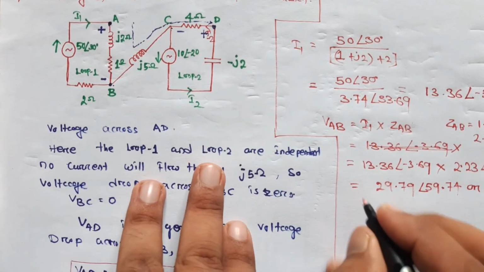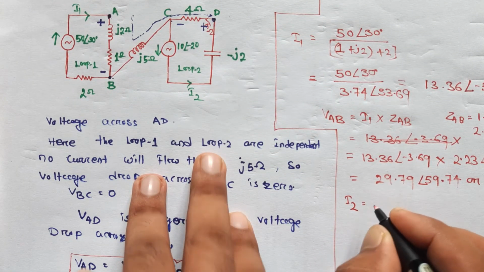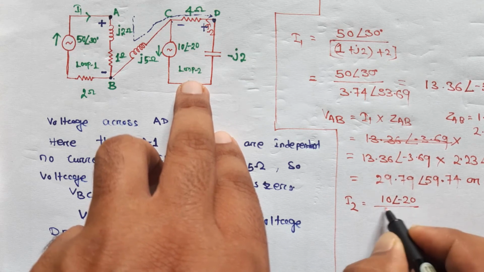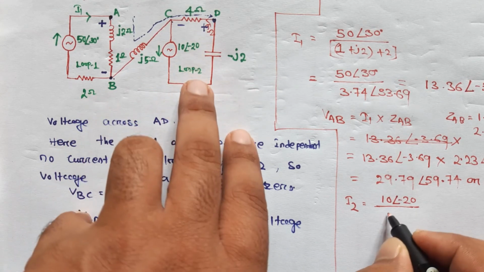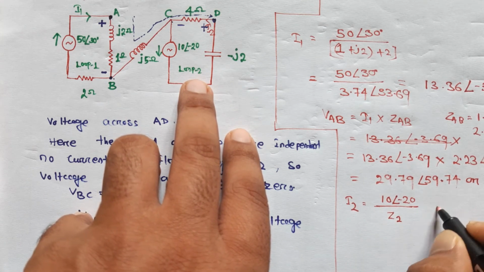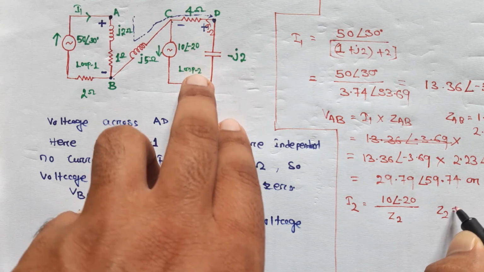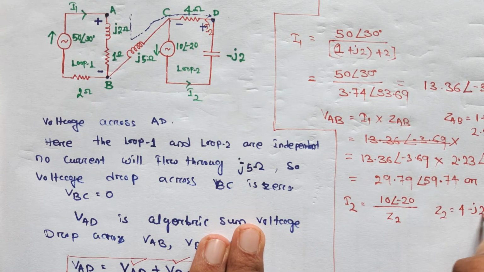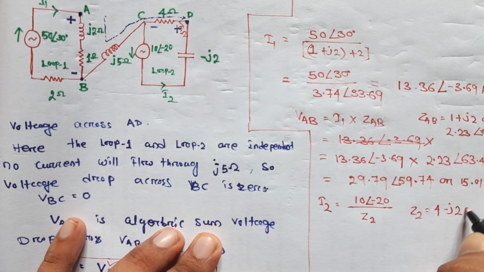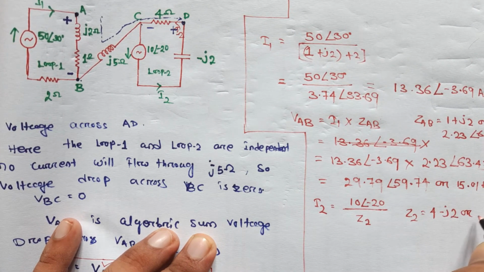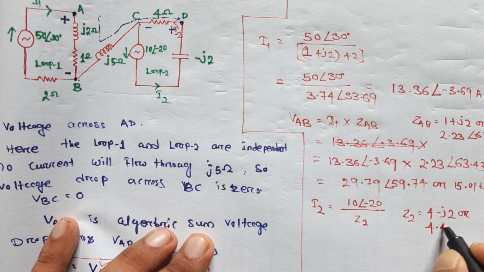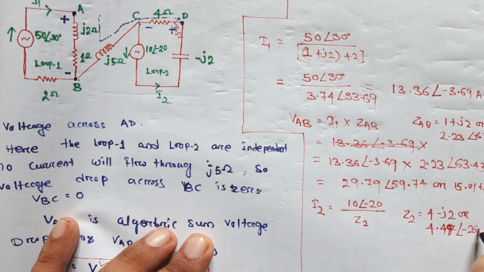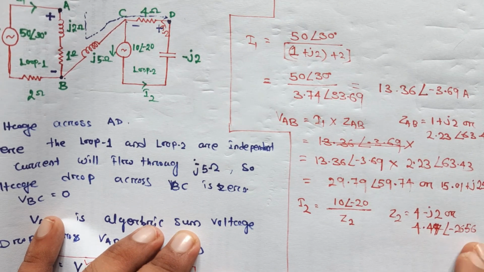We know I2 is equal to the voltage 10 angle minus 20 divided by the loop 2 impedance, let this be Z2. Here Z2 is equal to 4 minus j2, or in polar form 4.47 angle minus 26.56.